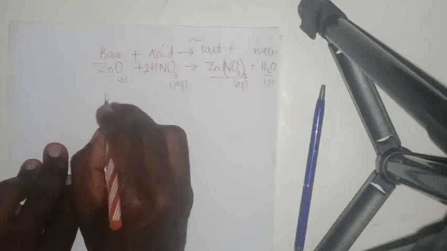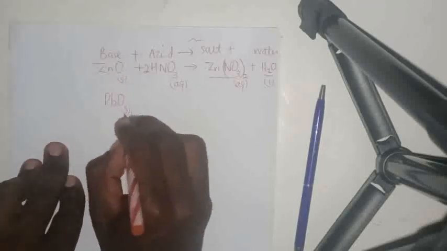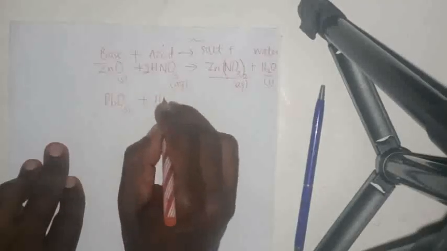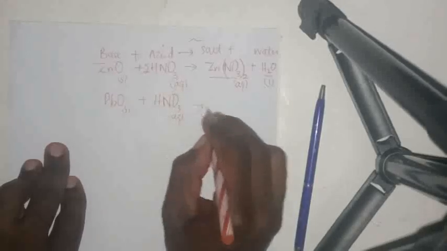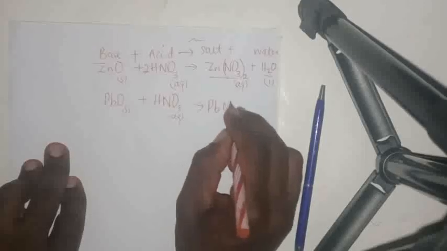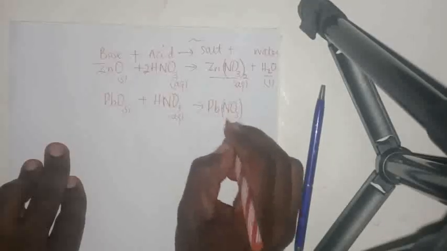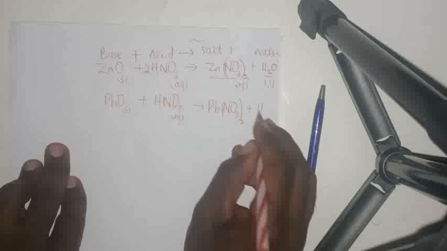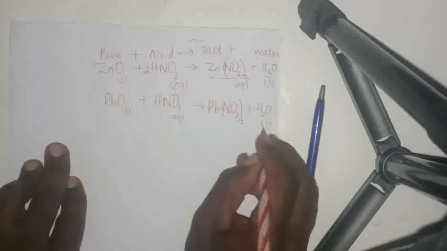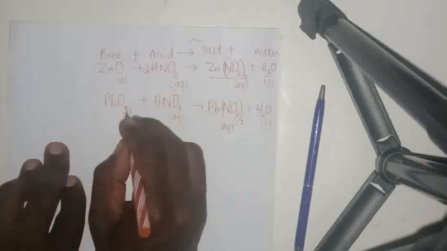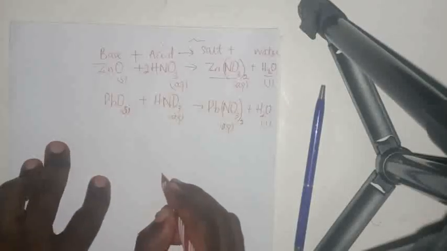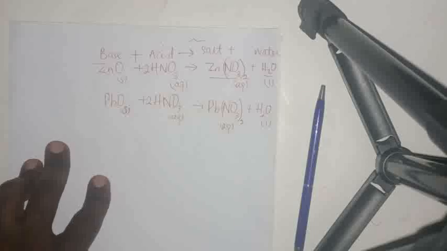Another example, we can use lead 2 oxide, a solid, plus nitric 5 acid, which is aqueous. We shall obviously be able to get lead 2 nitrate as our salt, and water, which is H2O. So these are liquid, and this aqueous, and this is also aqueous, and lead 2 oxide is a solid. To balance the equation again, you can put 2 on nitric 5 acid.